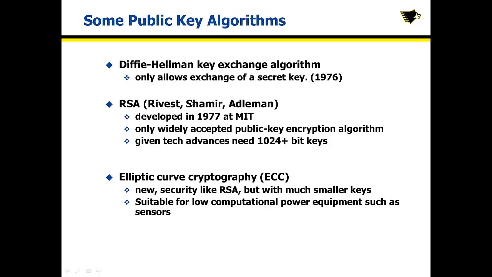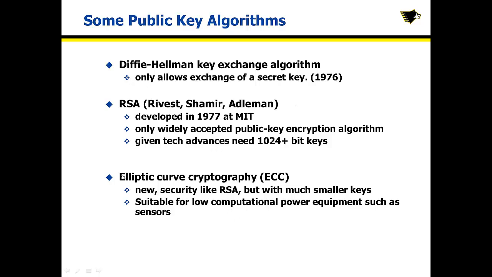The difference between RSA and Diffie-Hellman is that Diffie-Hellman was developed only for exchange of the secret key, but RSA was developed to encrypt and decrypt the message, not just the secret key. Definitely, it can also be used to allow exchange of a secret key.